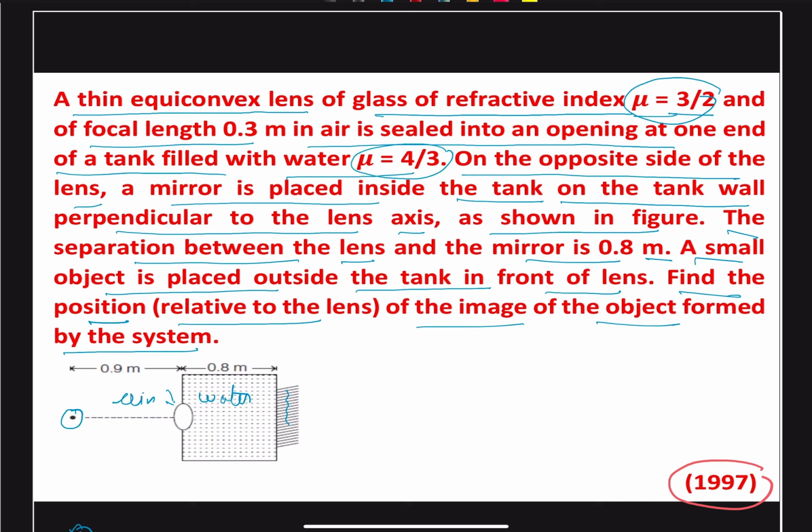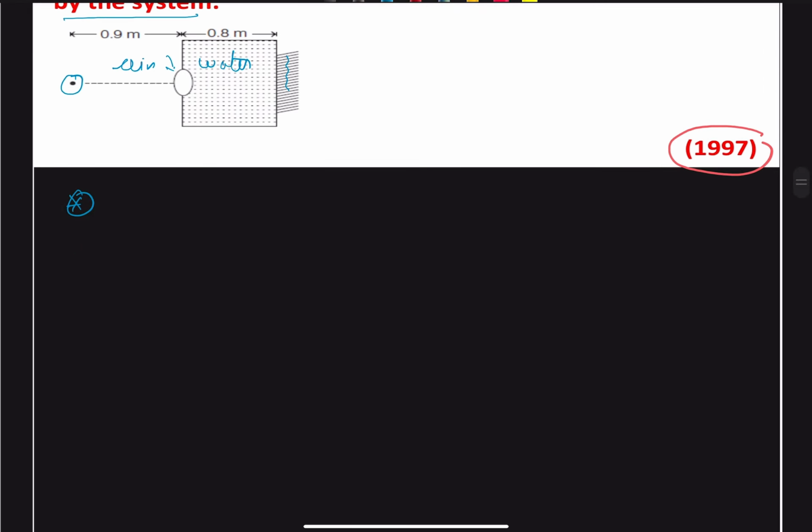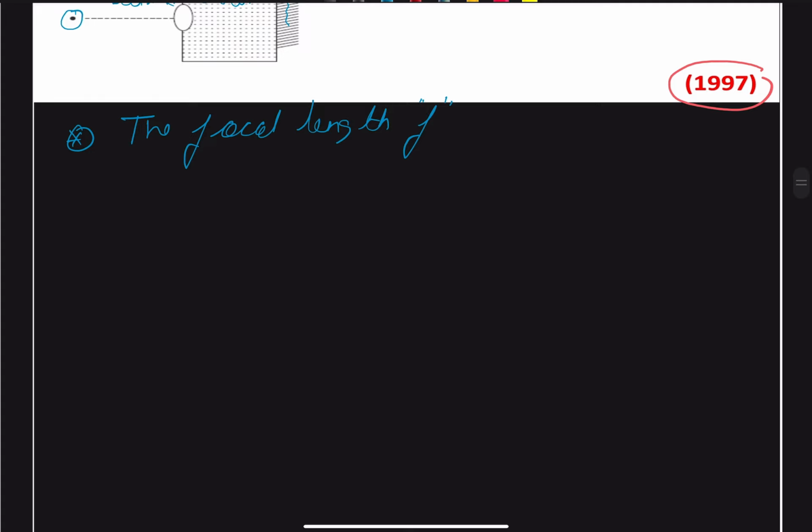So therefore we can just write the formula that the focal length F, we will get this as 1 upon F is equal to refractive index minus 1, and this comes as 1 upon R1 minus 1 upon R2, and this is equiconvex.